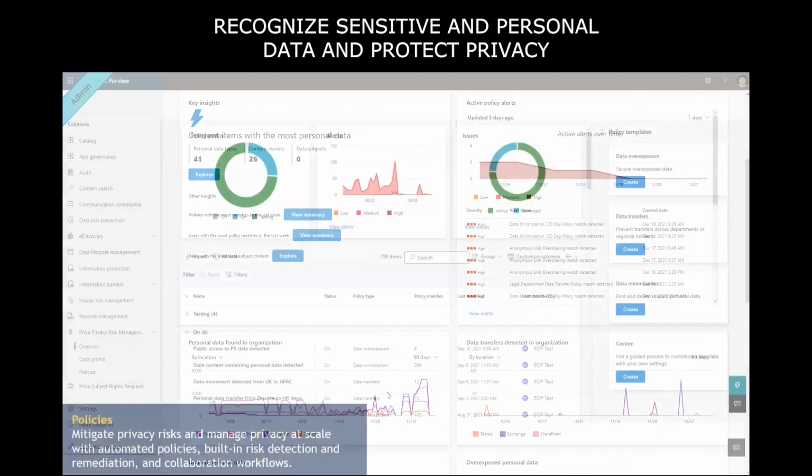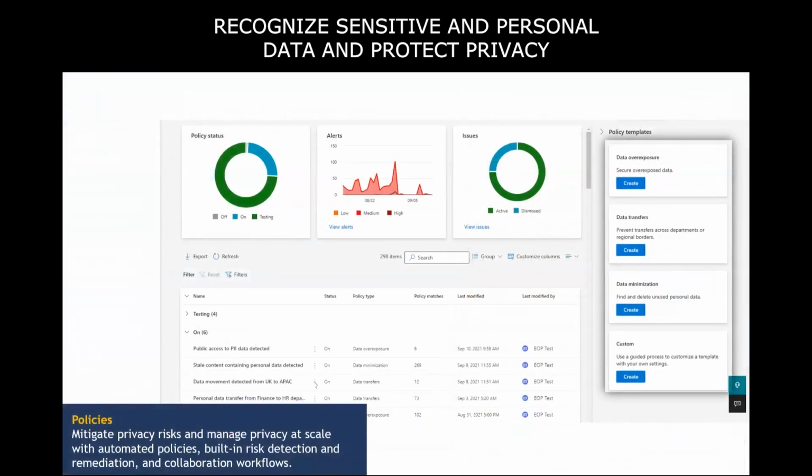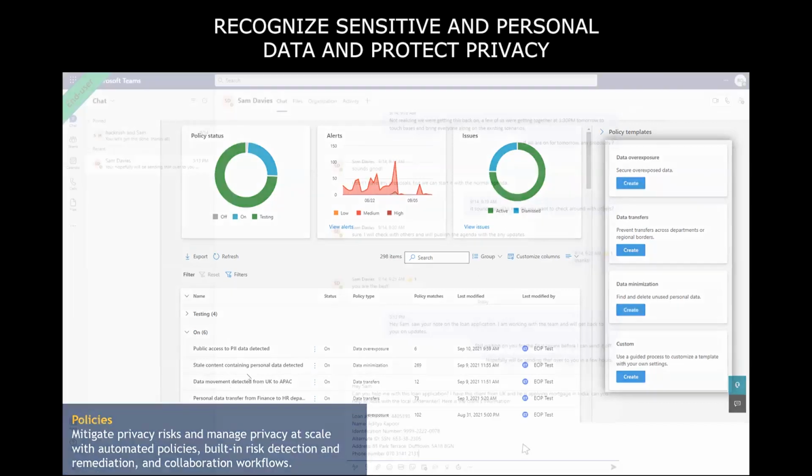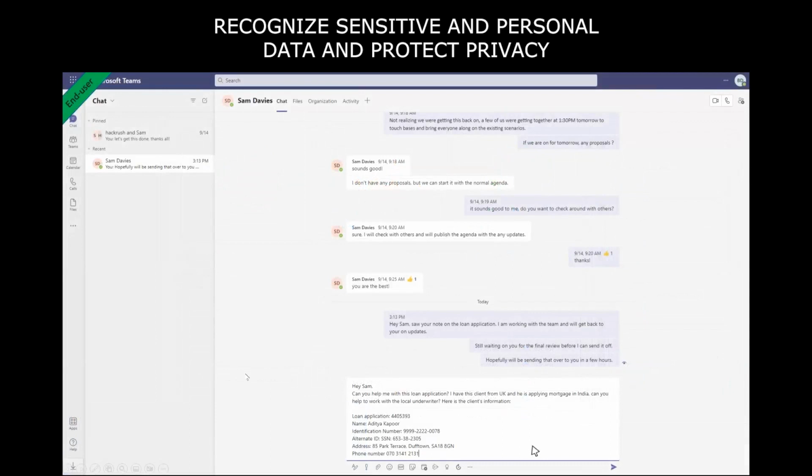Some of the context that I want is, for example, PII data detected that has public access, and then maybe data movement detected from UK to APAC, or stale content containing personal data detected. So those ones, right? And the last one is the end user perspective.